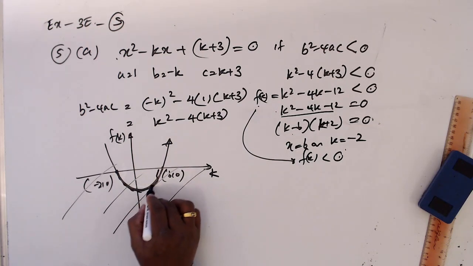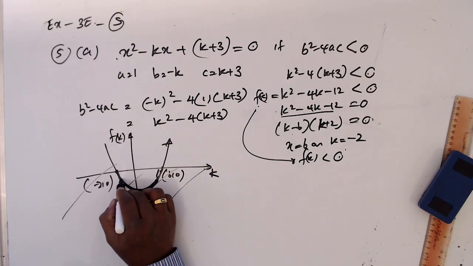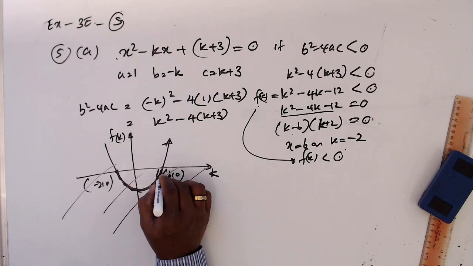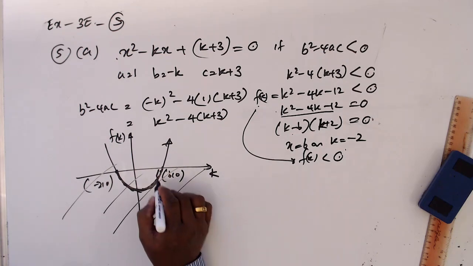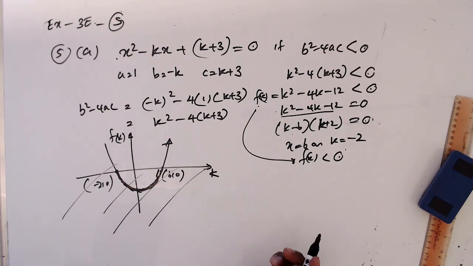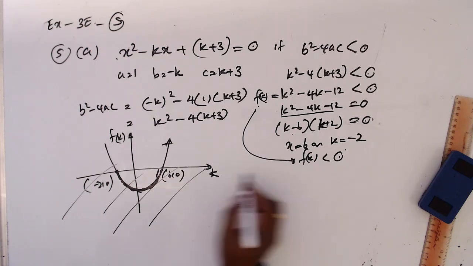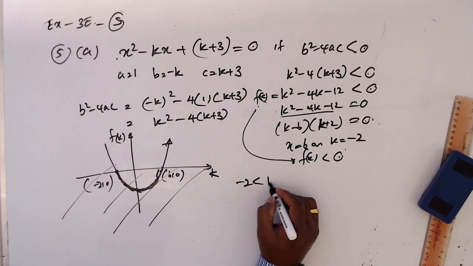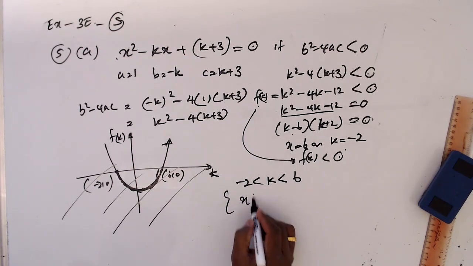All f(k) values are less than 0, negative numbers. If you look at any point of this curve underneath this k axis, they are all negative. So hence the answer is minus 2 less than k less than 6 as a set.